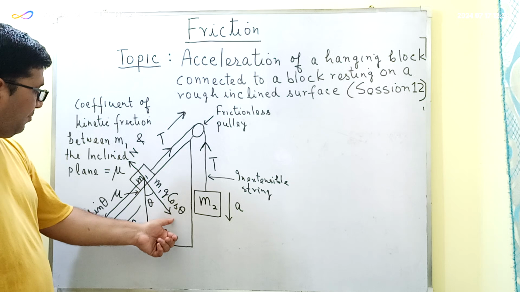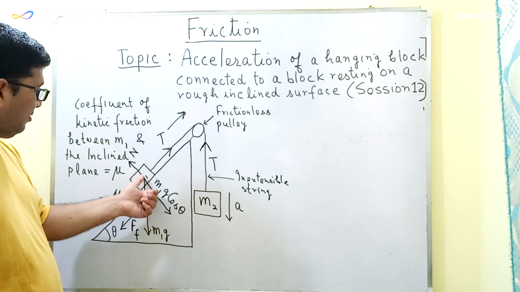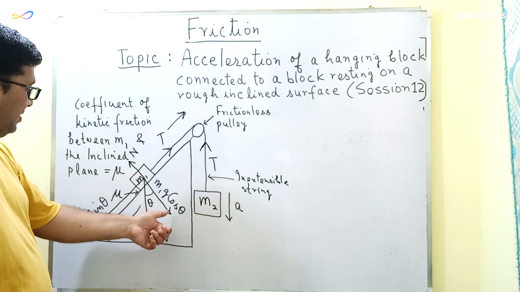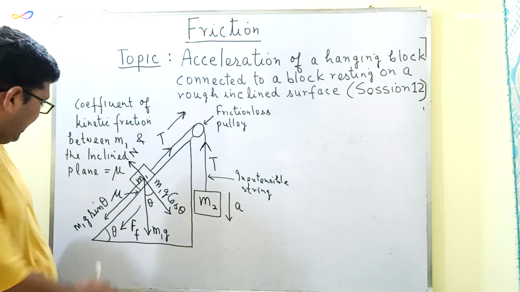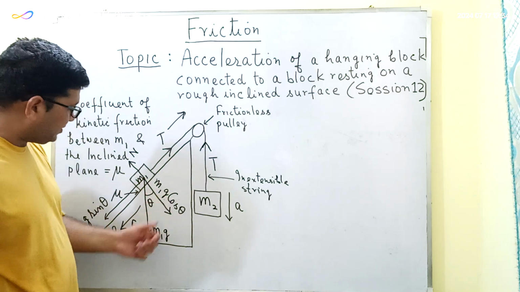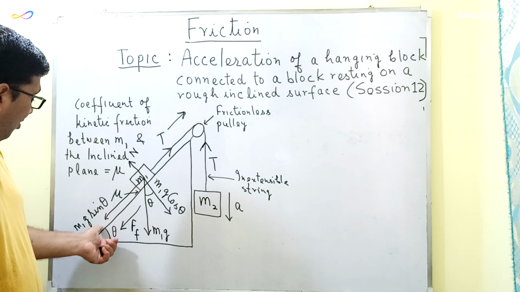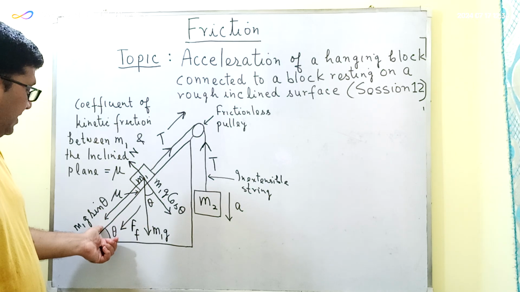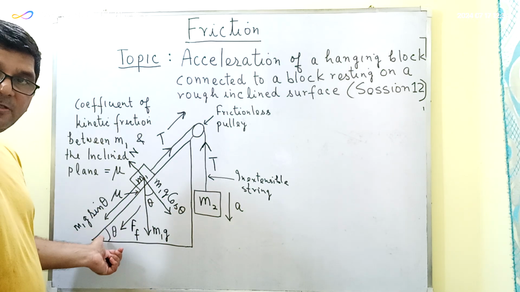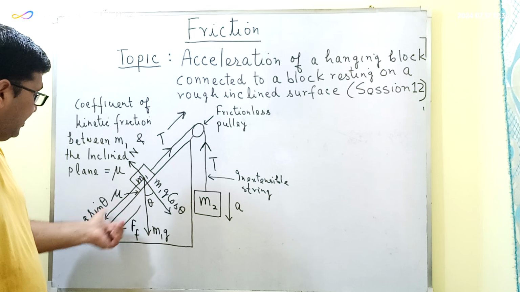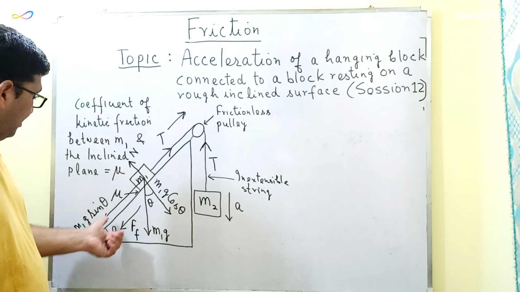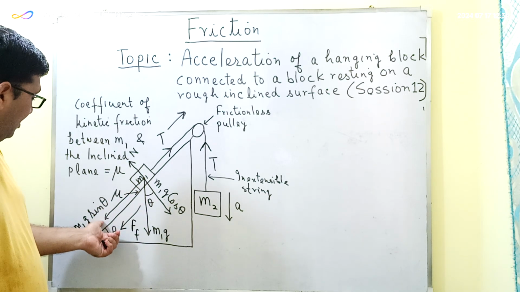The component perpendicular to the inclined plane is equal to m1g cos theta, because this angle is theta, and the parallel component will be equal to m1g sin theta, and this component will be acting down the plane as indicated by this arrow.